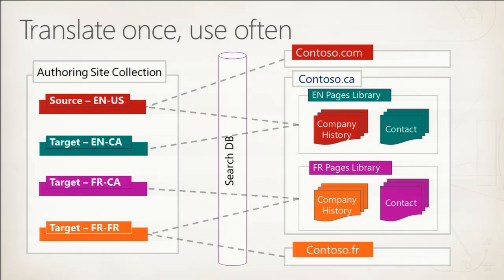But there's this feature called XRank with search that enables you to say, if the original path of the stuff that I'm getting from search comes from the ENCA label or the FRCA label, I could do some logic to say, if I have something from ENCA and I have something from ENUS and I'm on the ENCA site, toss out the ENUS one from results so that users are being directed to the ENCA one. And then always promote results from ENCA. So that's something that you should be able to do with some simple display template work and query rules.